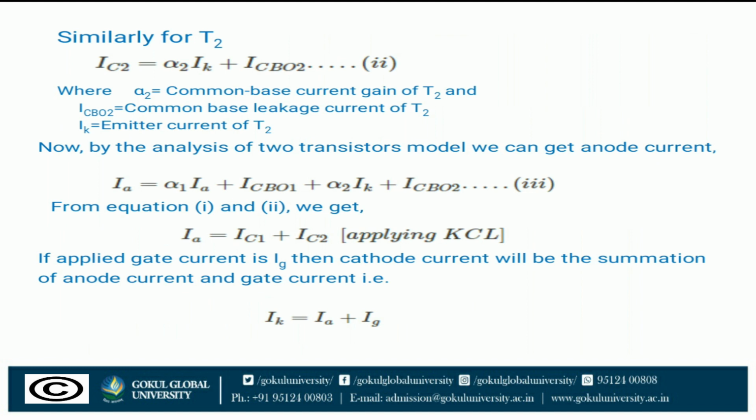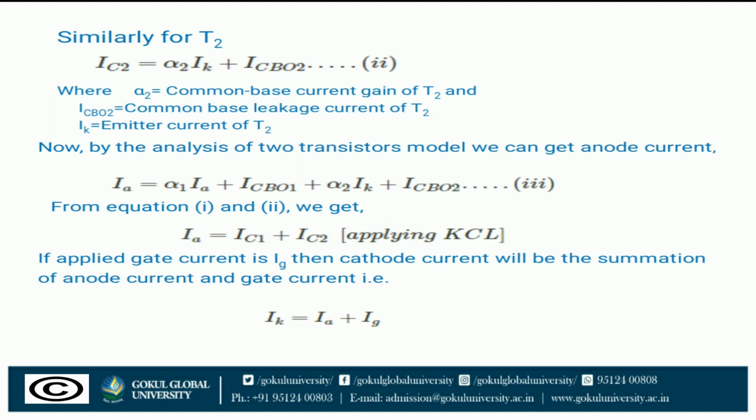Now by analysis of the two transistor model we can get the anode current. The total current in the thyristor is the sum of the two collector currents given by the equations, which is equal to the external circuit current IA entering at the anode terminal A. IA is equal to IC1 plus IC2. So we can see that IA is equal to alpha 1 IA plus ICBO1 plus ICBO2 plus alpha 2 IK.